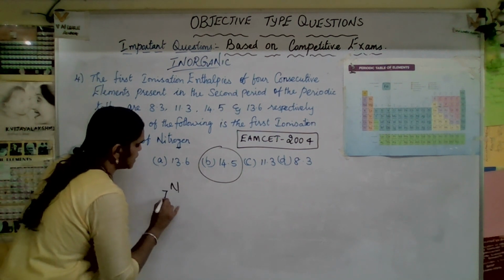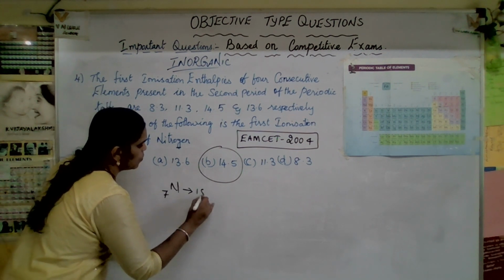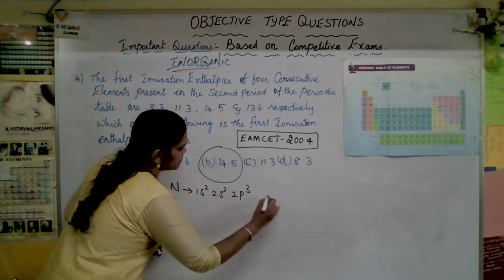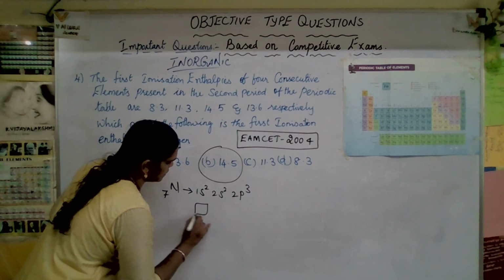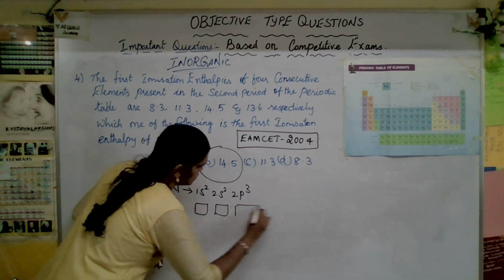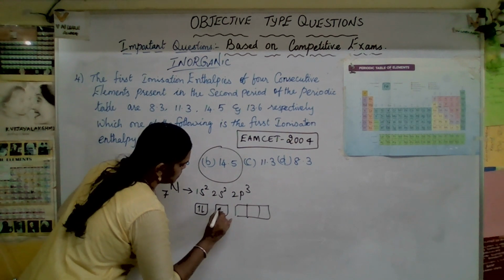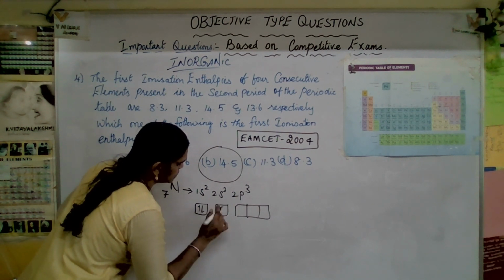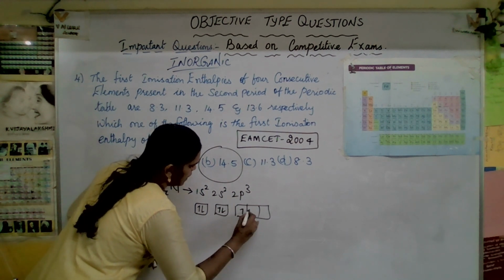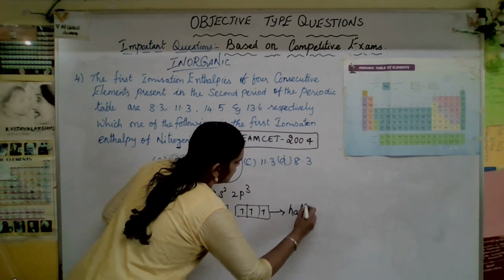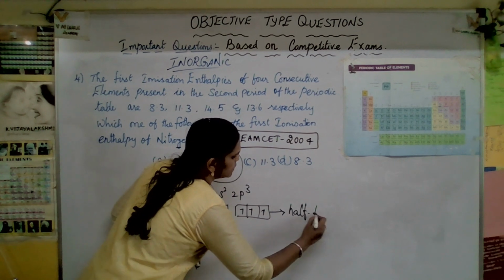Nitrogen has atomic number 7: 1s2, 2s2, 2p3. So here we can write it this way: 1s2, 2s2, and 2p3 is half filled.